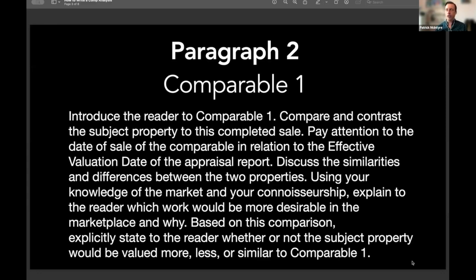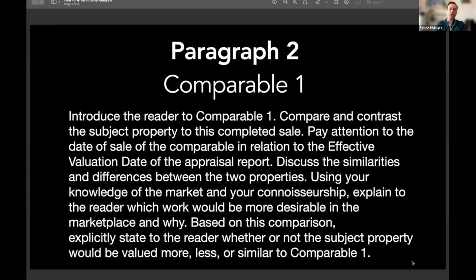I don't want to ramble on this point, but you always want to circle back. You always want to make sure that the reader understands, that you're explaining this stuff to the reader. So with that in mind, you're introducing comparable one, and you're discussing the similarities and differences between the two properties. Which one is larger, which one has a better composition if it's a painting, or what has nicer craftsmanship if it's furniture.